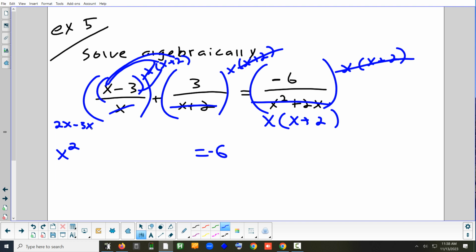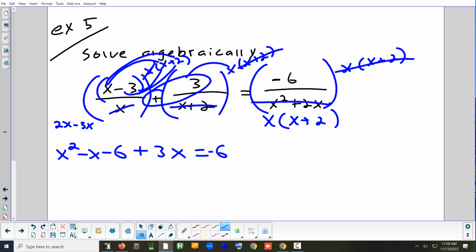What's 2x and a negative 3x? Negative x. And then negative 3 times positive 2. Negative 6. Now here, make sure you always grab that sign with that number. So it's a positive 3 times x, so it's just plus 3x.